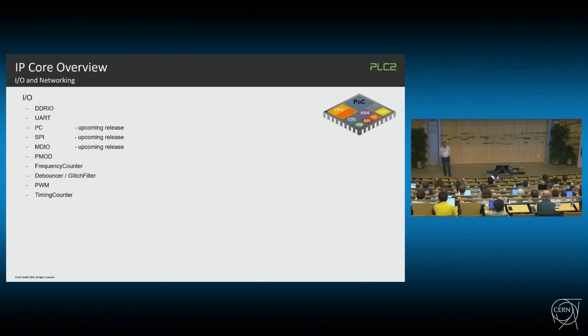I2C, SPI, and MDIO will come with the next releases. We have PMOD modules, some of the tiny ones from Digilent, frequency counters, glitch detectors, PWM, whatever you might need. And finally, we have an Ethernet stack for IP version 4 and version 6, implementing mainly the UDP protocol, including ICMP and ARP implementation.